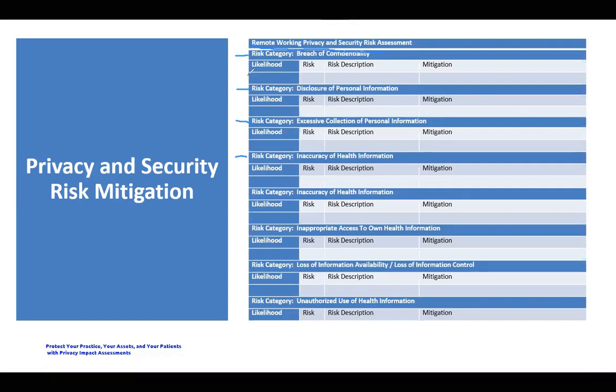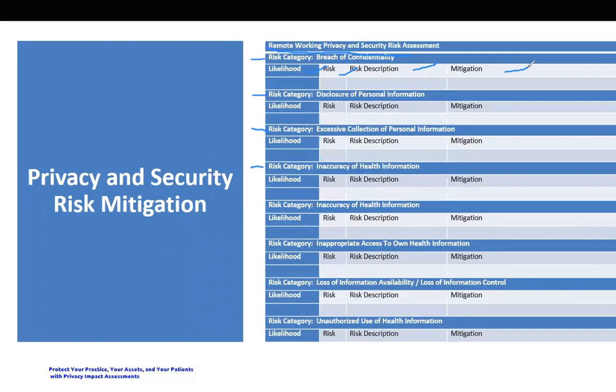Then within each category, we've got the checkbox for the likelihood, the risk description, and the mitigation. So I'm going to change my screen to my Word document where the blank matrix is, and we're going to work through a risk assessment for remote working.